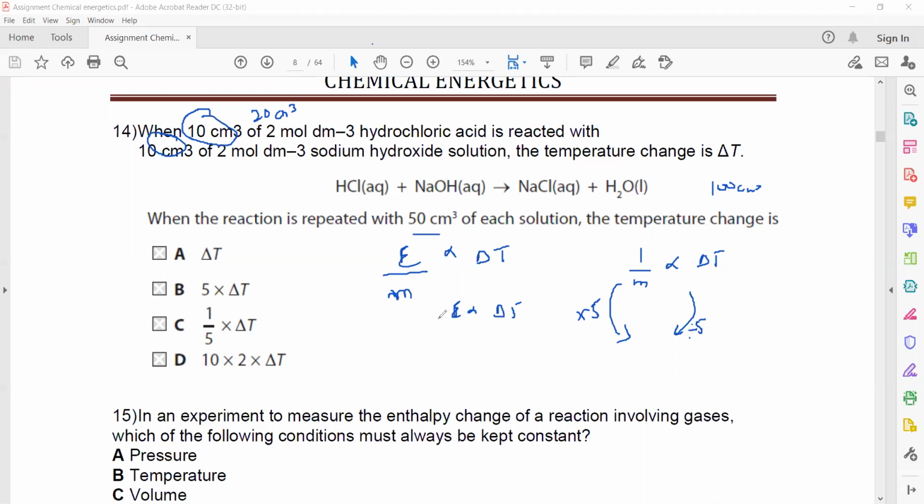So the number of moles will also be 5 times. So this will increase by 5, and this will also increase by 5. So overall, one is divided, another one is multiplied, so the overall change will be the same, or they cancel out each other. The temperature change will be delta T.